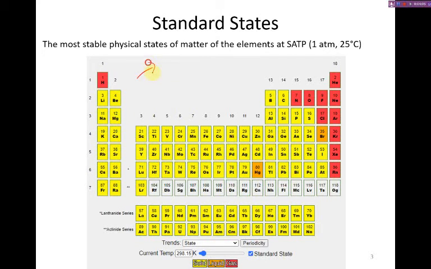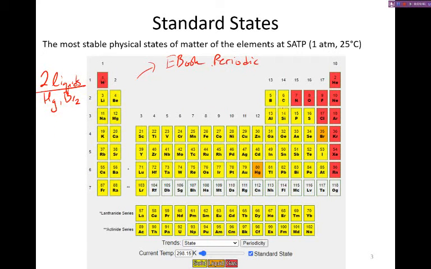This comes from the ebook. The periodic table that's on the ebook has an option to look at the states of matter. Notice I've checked the standard state box, and therefore these are the states of matter at standard state. What we see is that there are only 2 liquids, mercury and bromine are liquid at standard state.